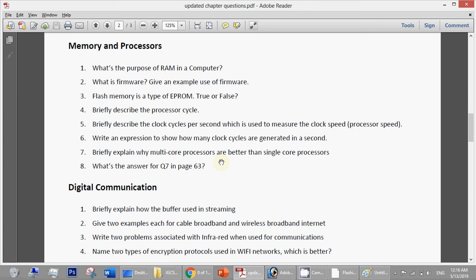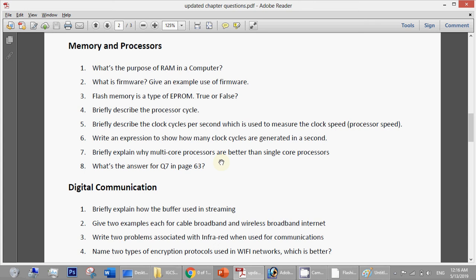And if one core is running at 2 gigahertz, the other cores also run at the same. And in the multi-core architecture, you don't need to have higher clock speeds. You can have lower clock speeds because you have multiple cores. This will reduce the heating and makes it more efficient than single core processors. And also there are physical cores and logical cores. It's always better to have a higher number of physical cores than logical cores.